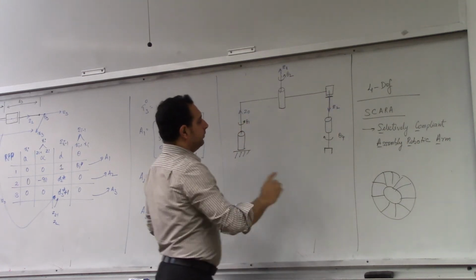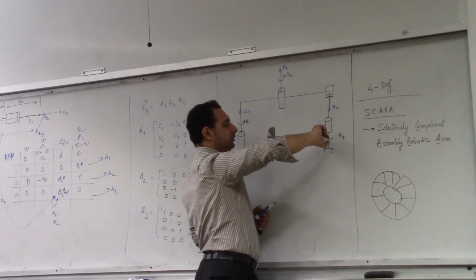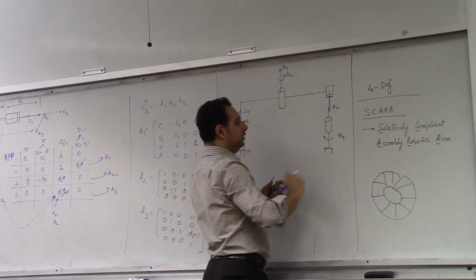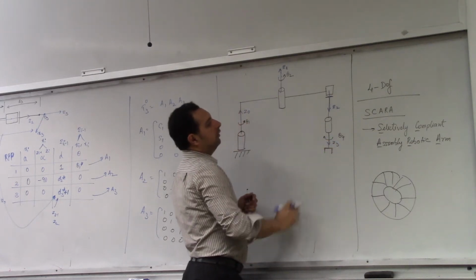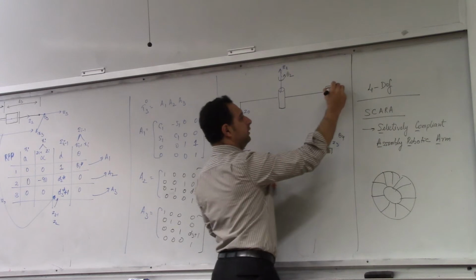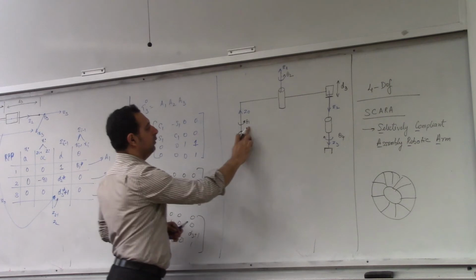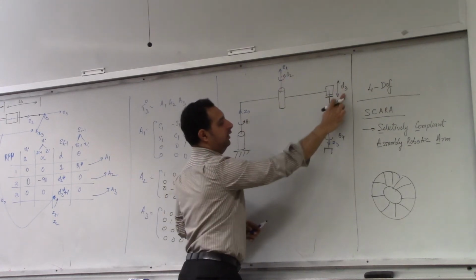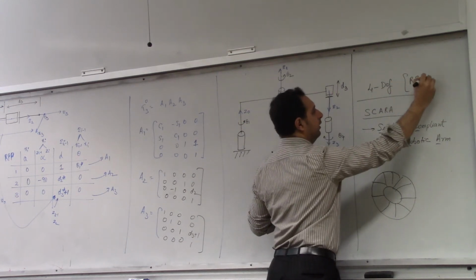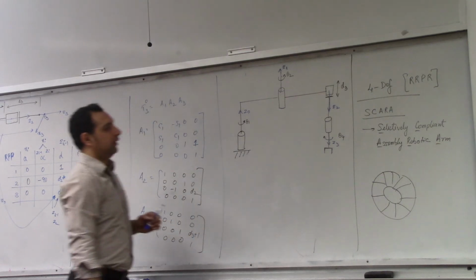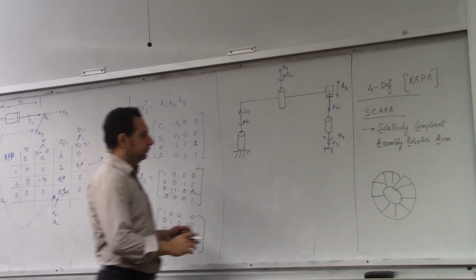Now, this is the axis of rotation, because that is the direction in which it's a positive rotation, so this will be Z3. Now, this displacement is D3. So, theta 1, theta 2, D3, theta 4. So this is an R, R, P, R structure. The first two are revolute joints, then a prismatic joint, and then again a revolute joint.